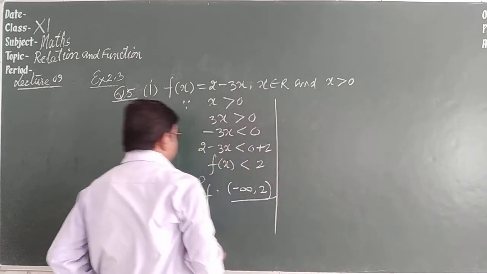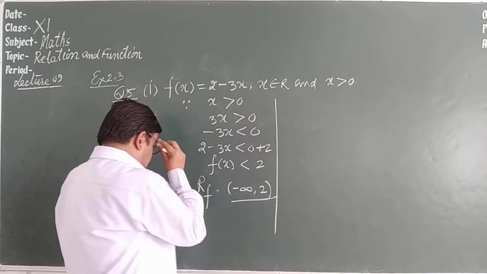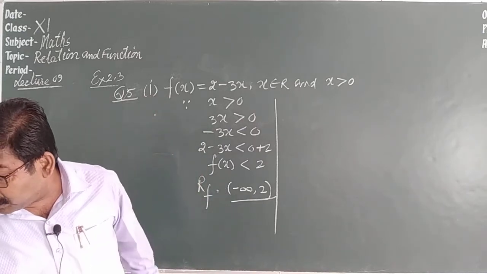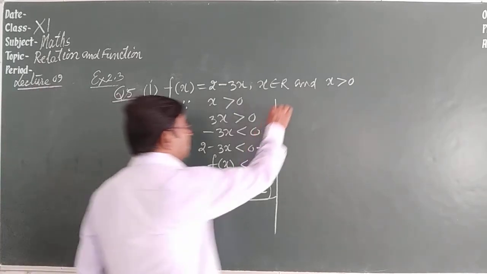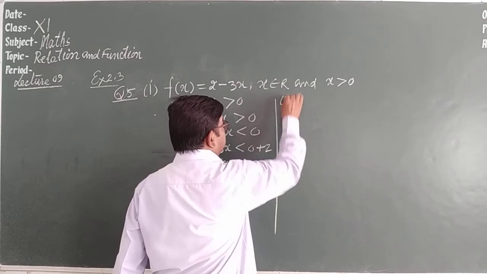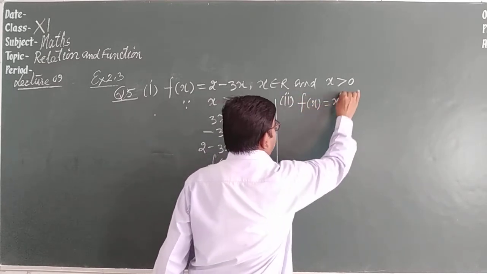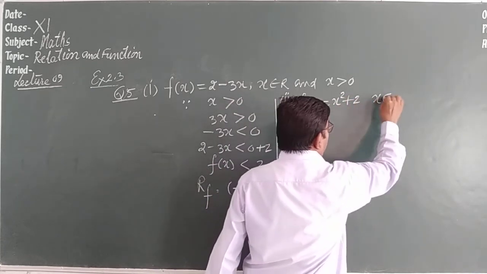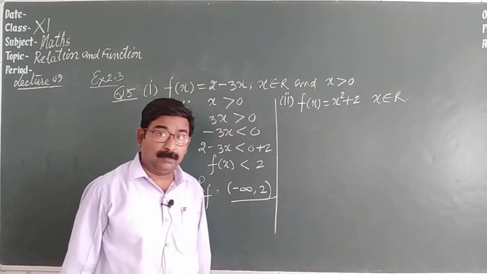Let's see the second part. Given f(x) is equal to x square plus 2 and x belongs to R. X is a real number.